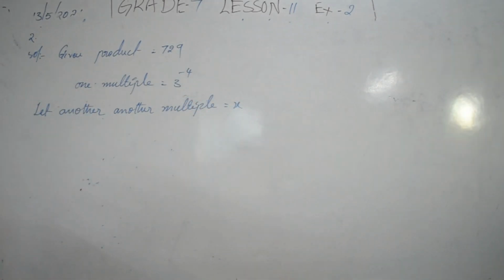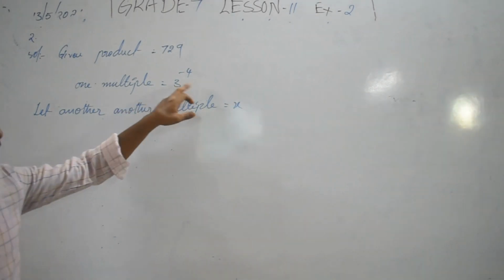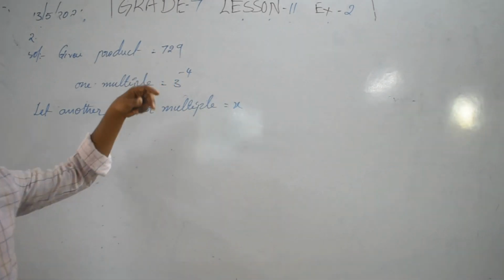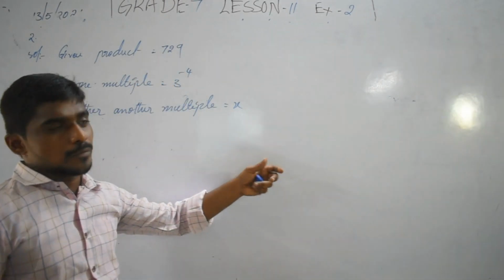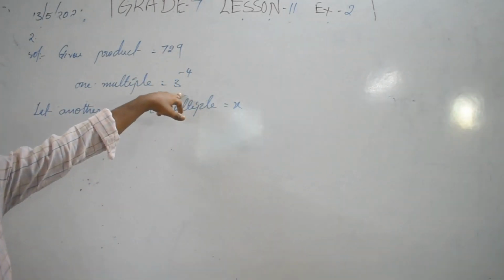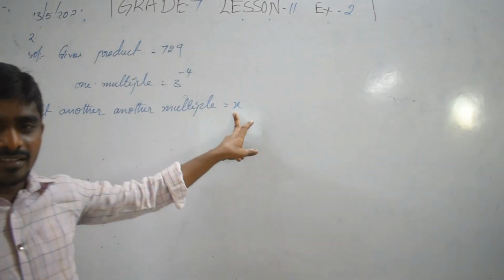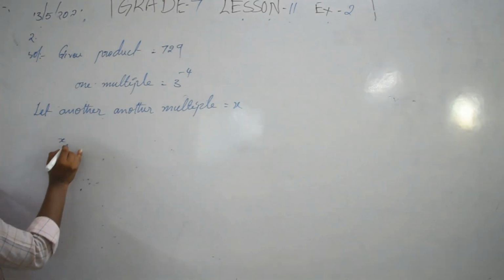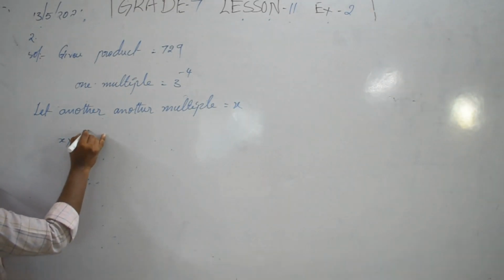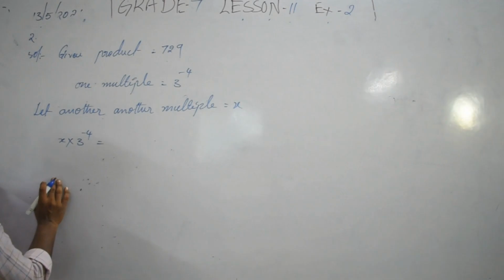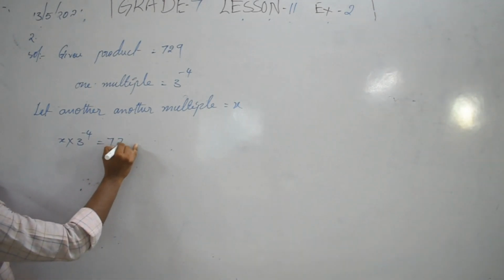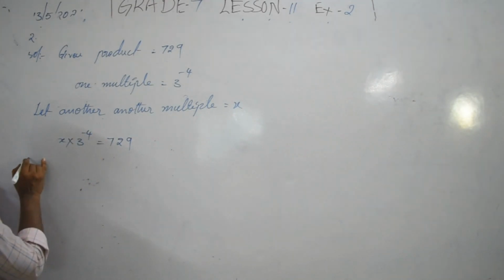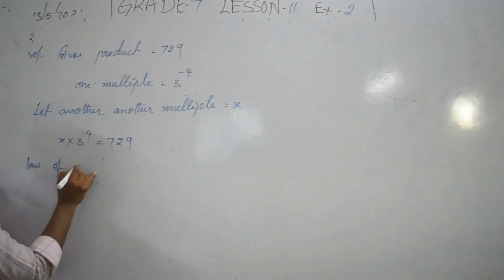Here see, we are multiplying two numbers and we got 729. So which two multiples? One multiple is 3 power 4, the other one we don't know. So x multiplied by 3 power 4 equals 729.